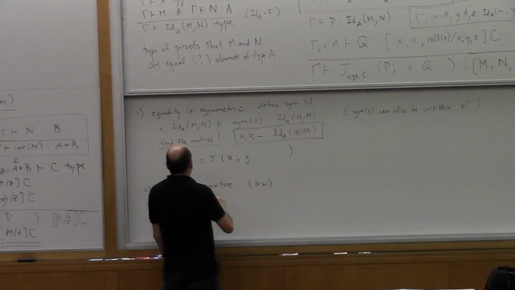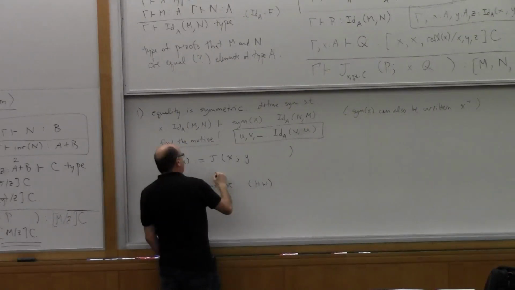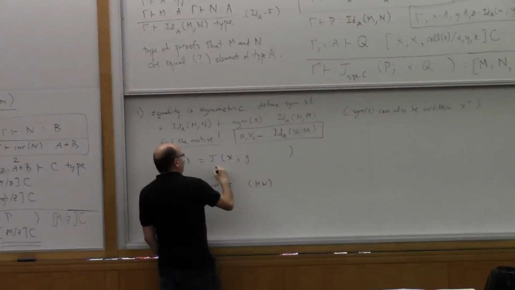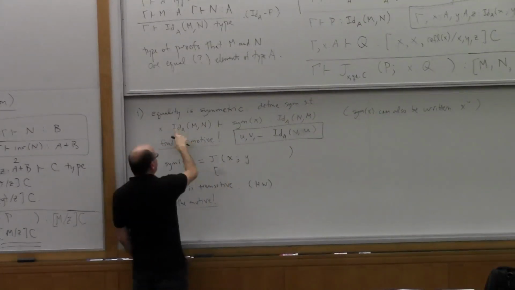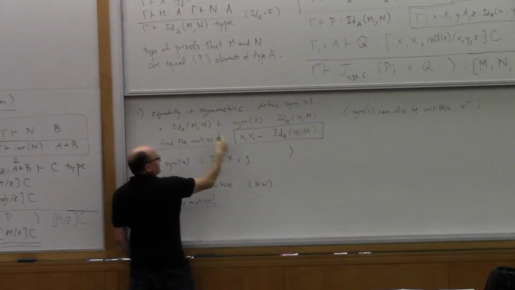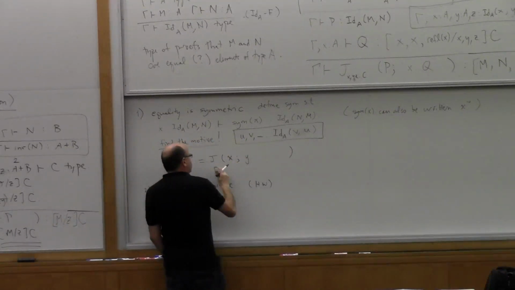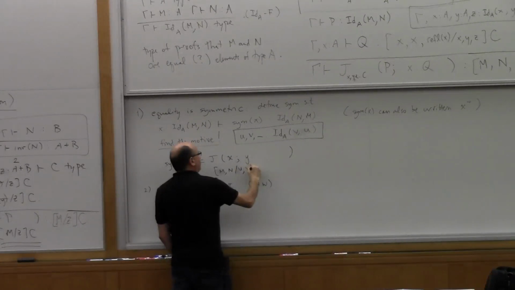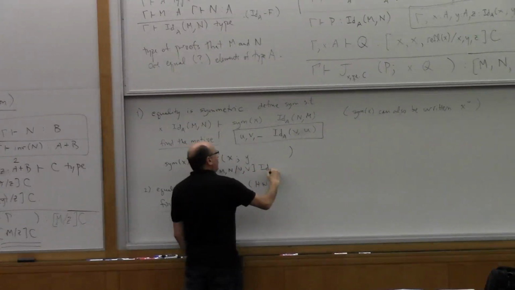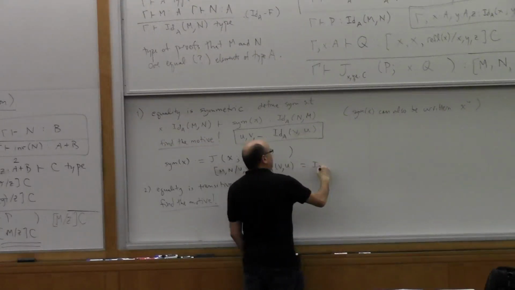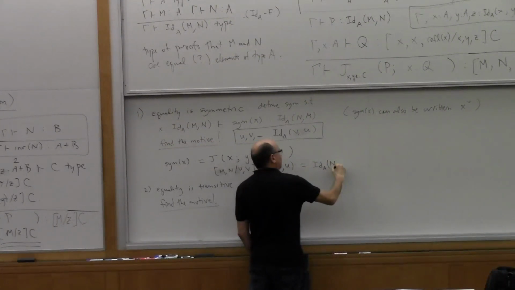And the point will be that this at the end will have type id. Let's do it out. Plug in m and n for u and v, and plug in x for nothing because it's not used. So its type will be id a v u with m and n plugged in for u and v. So that, of course, is id a n m. That's how I got it.